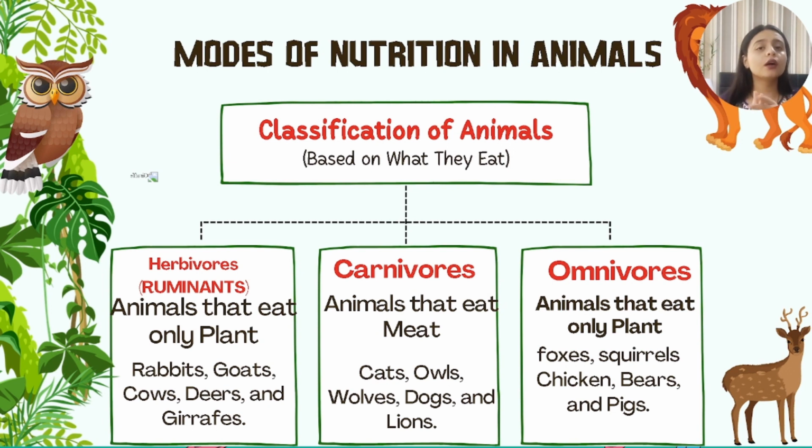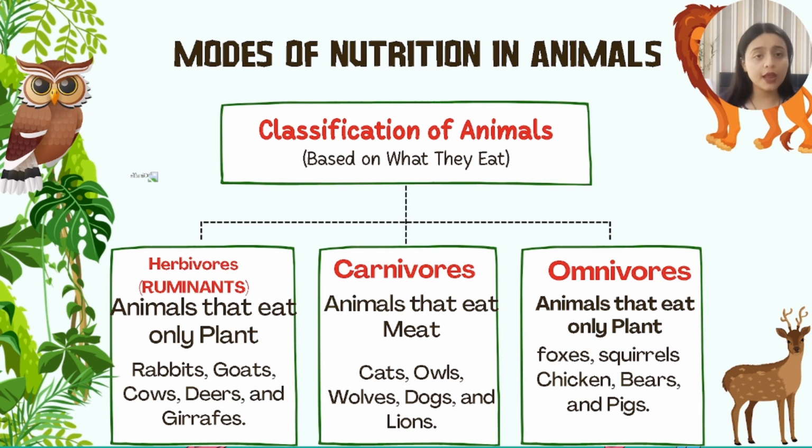There are two modes of nutrition we have studied in the previous chapter: the autotrophic mode of nutrition and the heterotrophic mode of nutrition. In autotrophic, there are only plants, because they are the only organisms present on the earth which can produce their own food, and animals are heterotrophic, which depend on plants for their food.